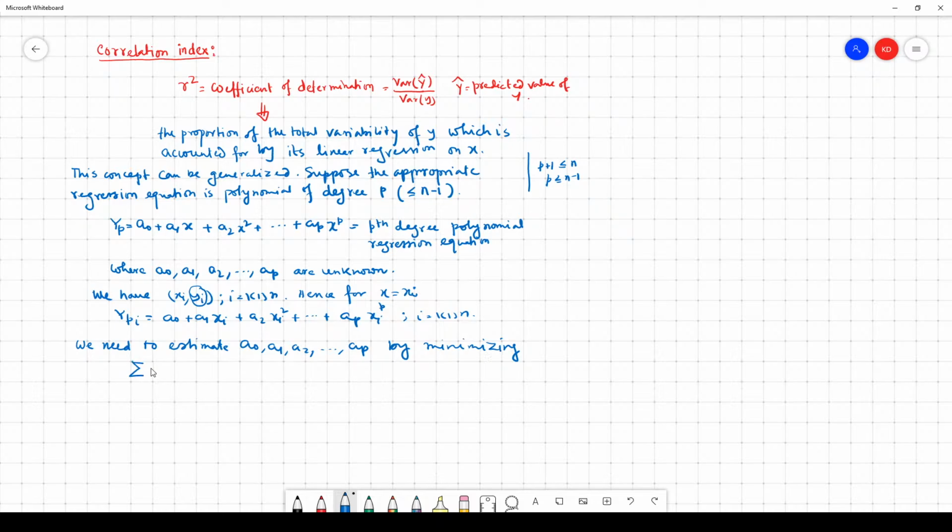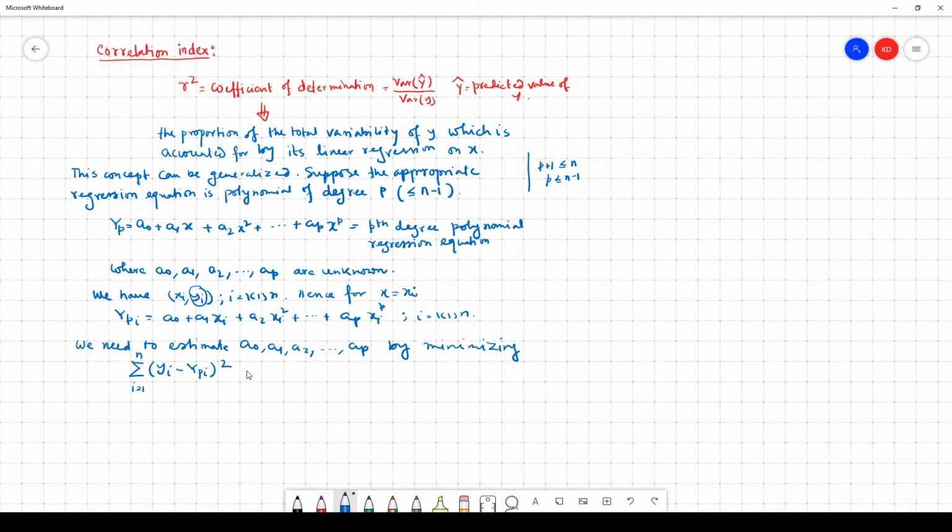That means this is the ith observed value, denoted by small yi, and this is the predicted value of the ith observation, denoted by capital Ypi, whole square, i from 1 to n. So this is the error sum of square.